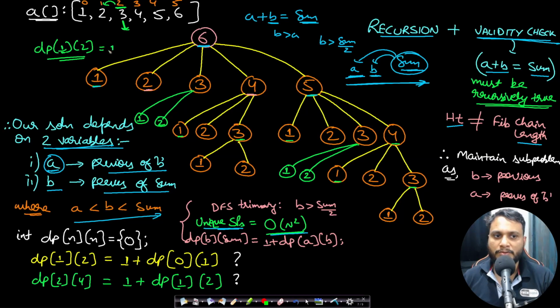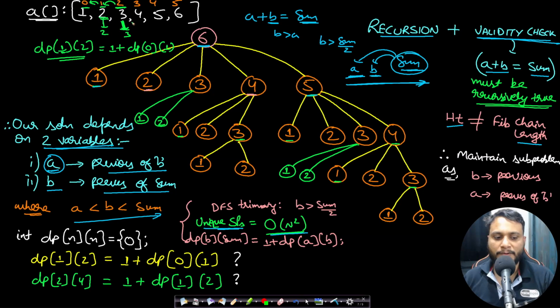That will be equal to 1 plus, if you take 0 as the previous point of 1, that means if 0 was the previous of this one, then what was the Fibonacci length ending at this point. So if the length here was equal to 2, then the length here will be equal to 1 plus that 2, which will be 3, right?